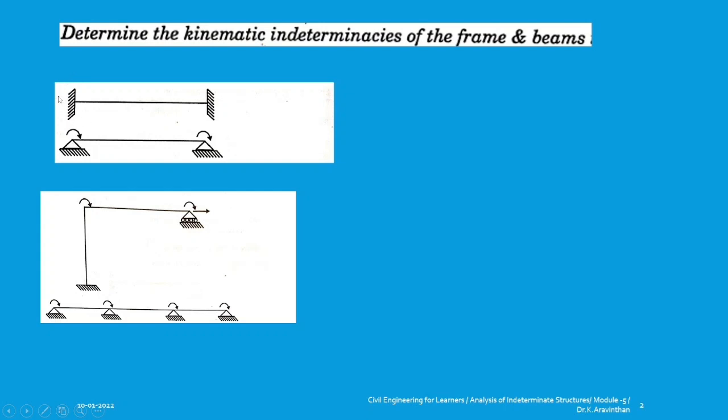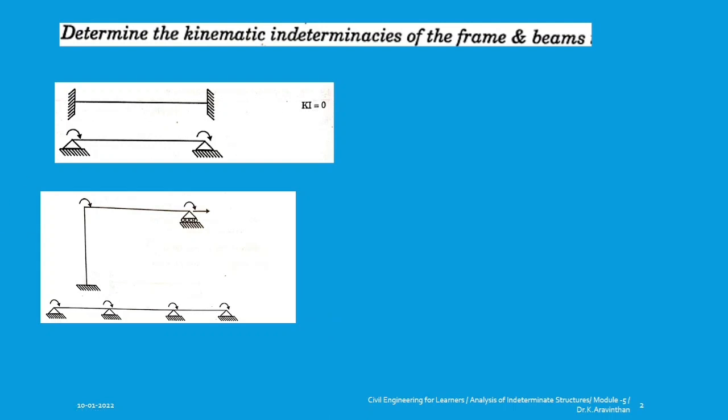So there is no movement in the structure, hence you have zero kinematic indeterminacy. For the other support also you have 3 reactions, that is vertical, horizontal and a moment. If you apply any force, does the force make the support move? The answer is no. So your kinematic indeterminacy for the fixed beam is 0.